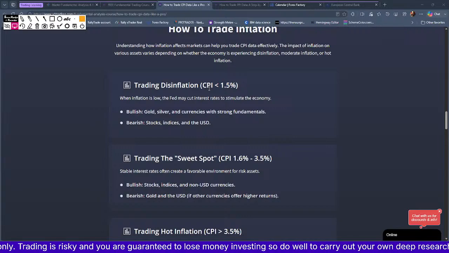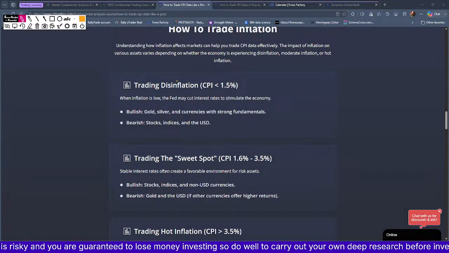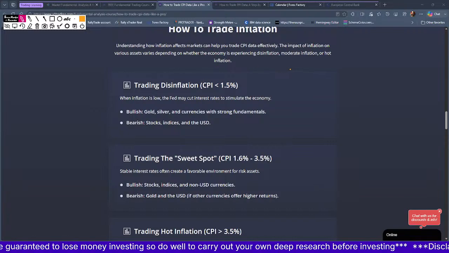What does this mean? Let's paint a simple scenario that is very understandable. The cost of buying an item is not growing fast.